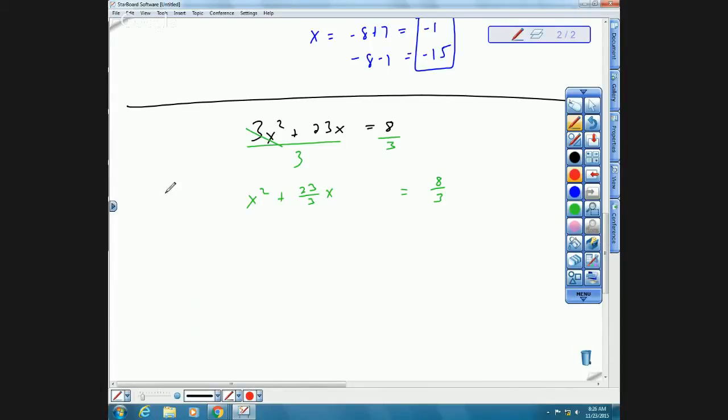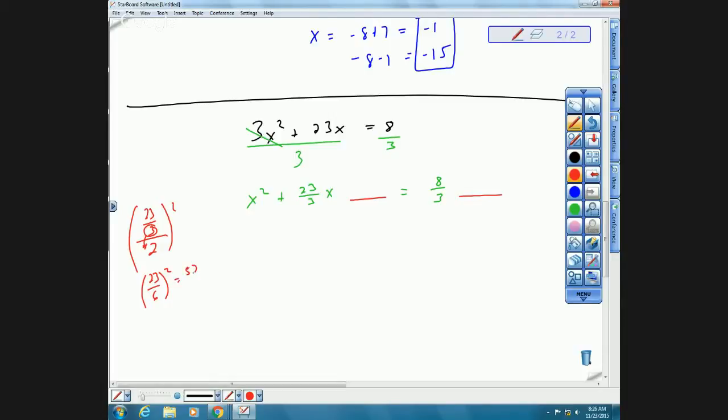This is a problem I would recommend using the quadratic formula on anyway. So to find the number that goes here, you do 23 over 3 and cut that in half. What actually happens is this 3 comes down, so it's actually 23 over 6 squared. 23 squared is 529.